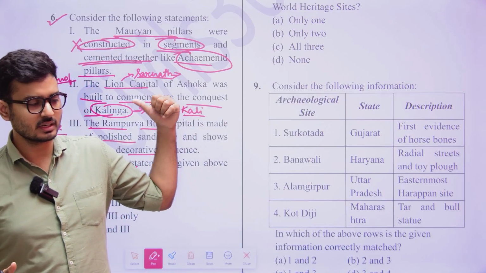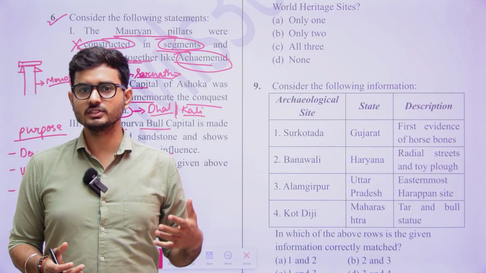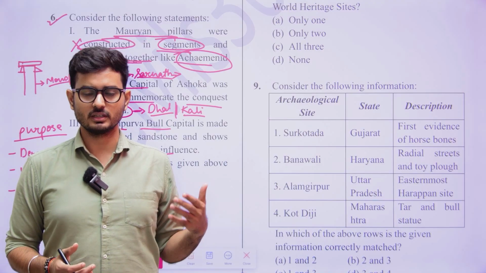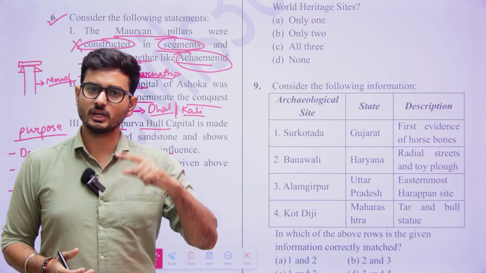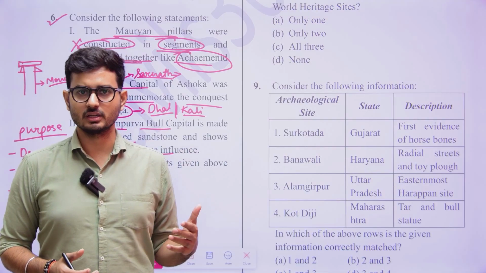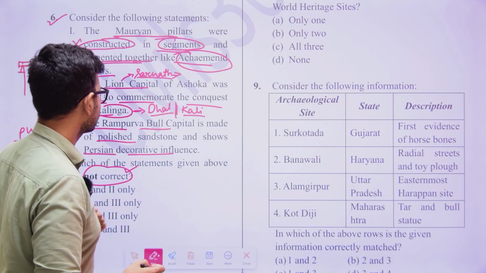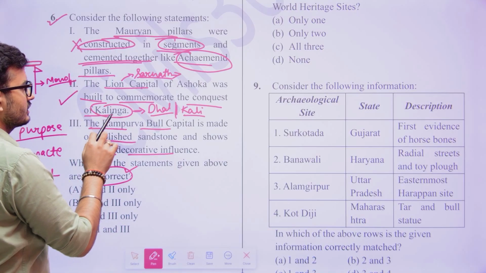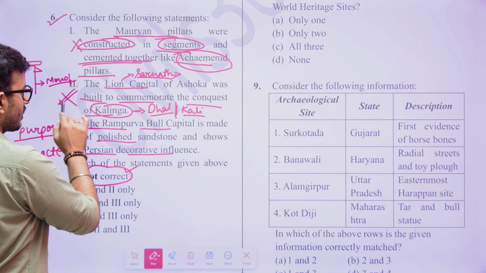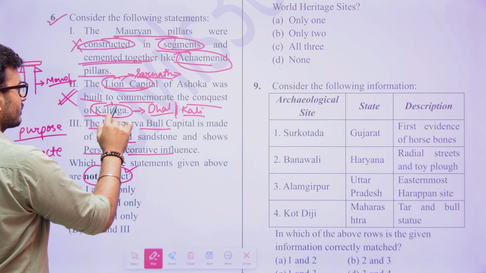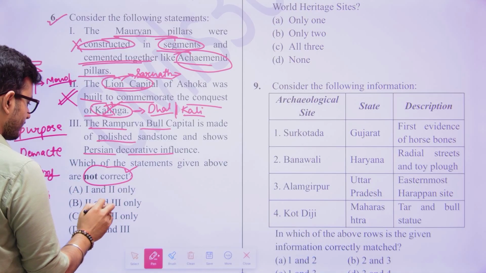Sarnath was very important for Gautam Buddha because he gave his first sermon here at the Deer Park to his five disciples, which was associated with the Dharma Chakra Pravartana. So this statement is also wrong. The lion capital at Sarnath was not to commemorate Kalinga but to commemorate Gautam Buddha. So the first and second statements are wrong.